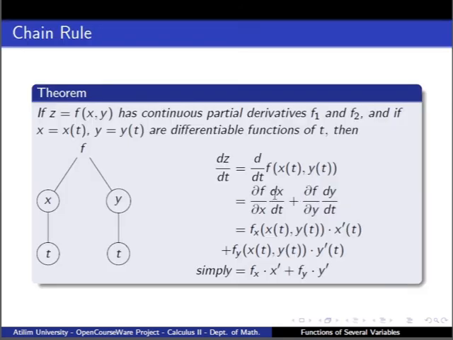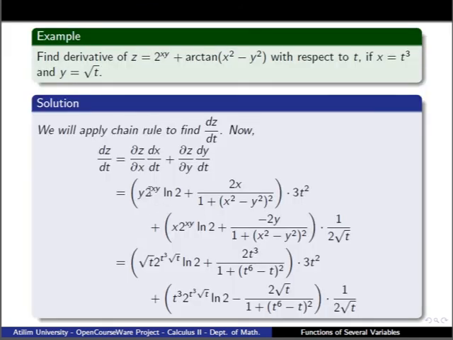So if you note that, it is this 3. First we differentiate with respect to x and the derivative of x with respect to t. So this is the derivative of f times the derivative of x with respect to t.